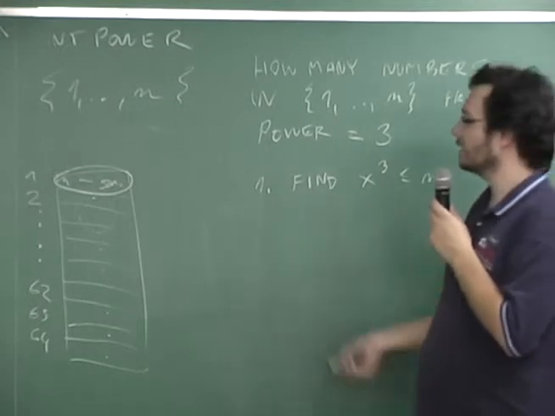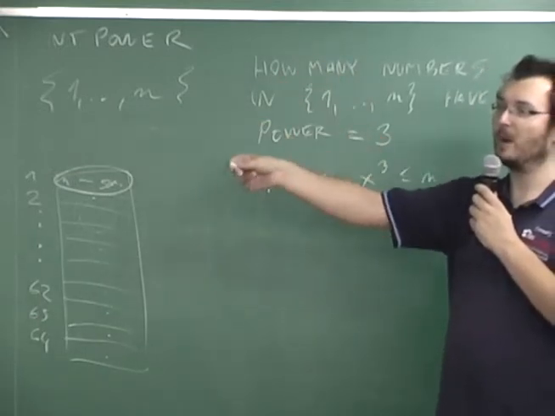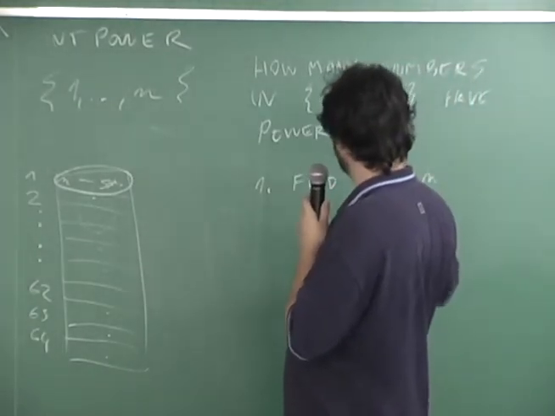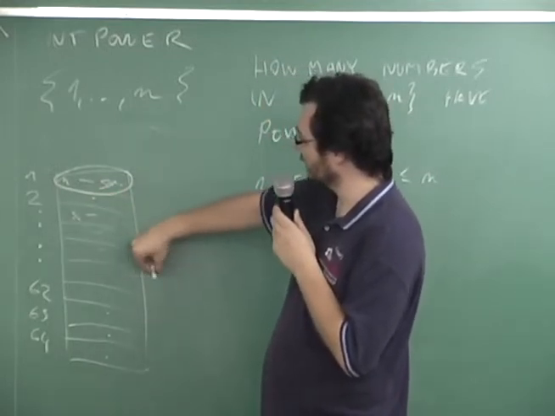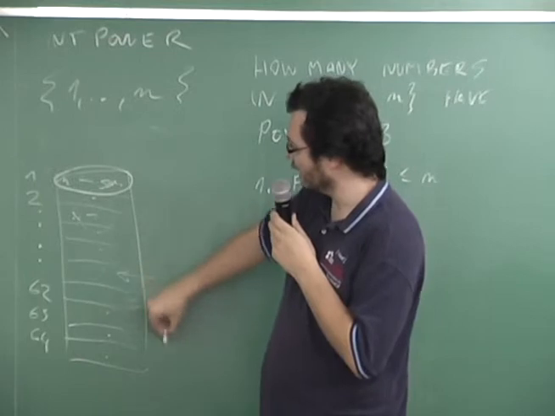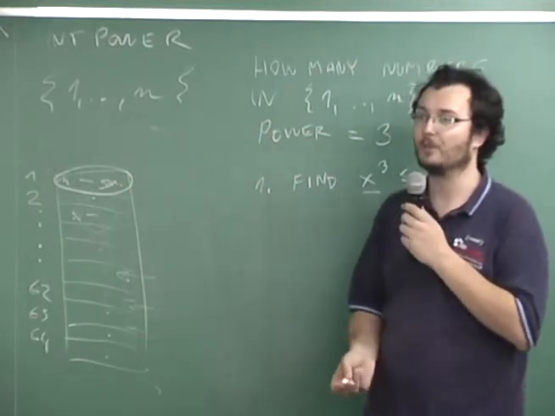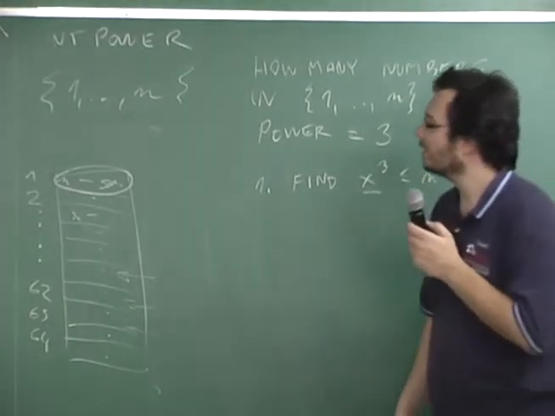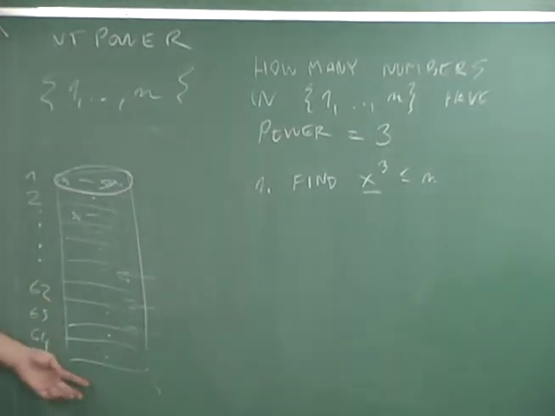Among these numbers, there will be numbers that are 6th powers, 9th powers, 12th powers, and so on. So these we need to subtract. So we will take this x, and we will subtract the 6th powers, the 9th powers, the 12th powers, and so on. And this will give us the count of the numbers that are exactly third powers. In this way, we compute this table, and from this table, we can easily compute the actual answer.